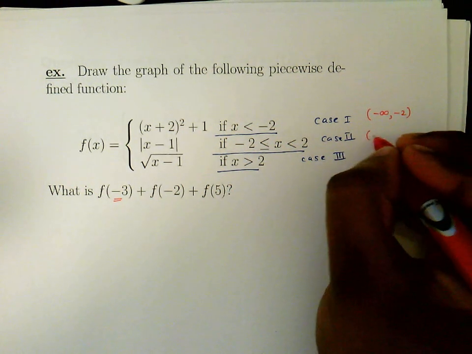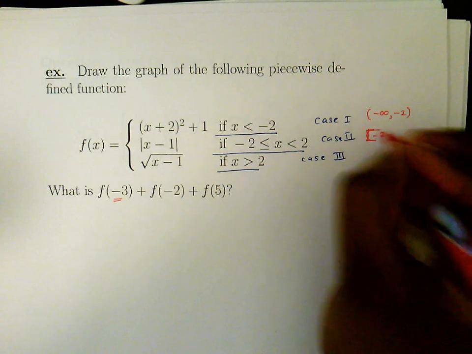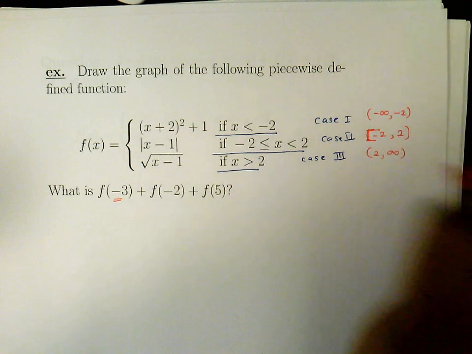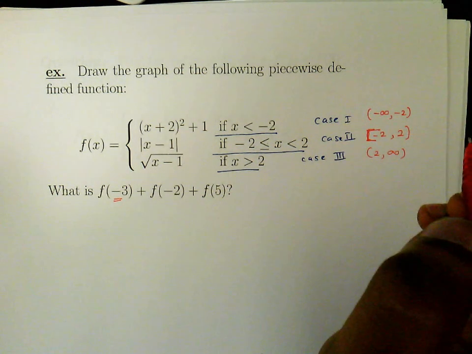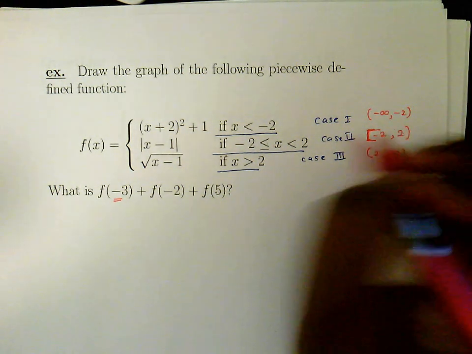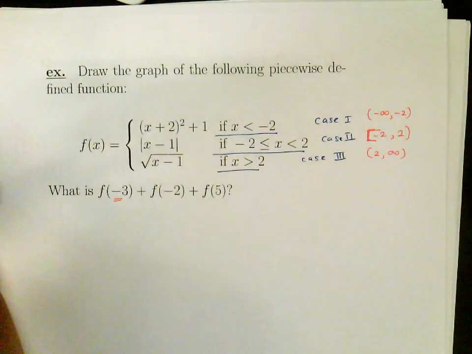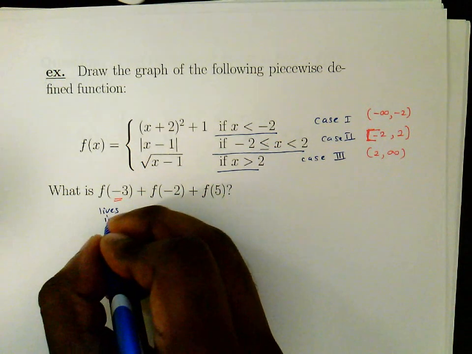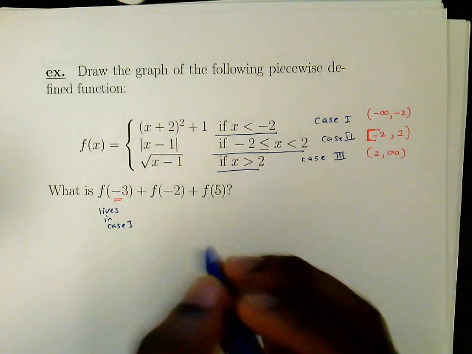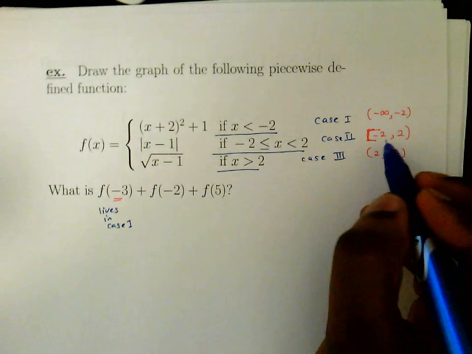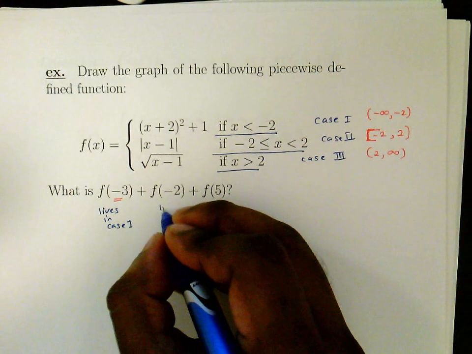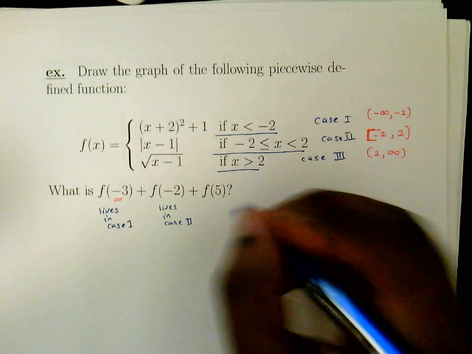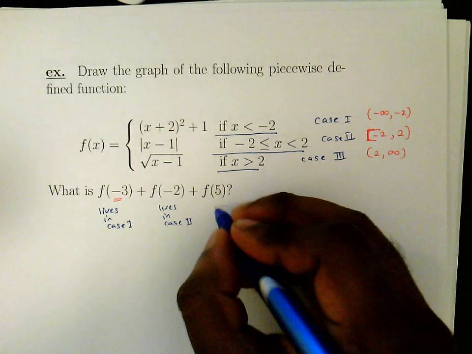This interval is -2 bracket to 2, and this interval is 2 to infinity. -3 lives in this interval, so it lives in case 1, and -2 lives in case 2, and 5 lives in case 3.